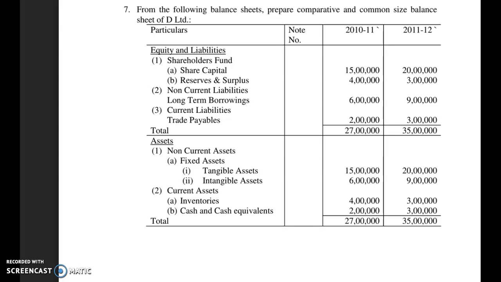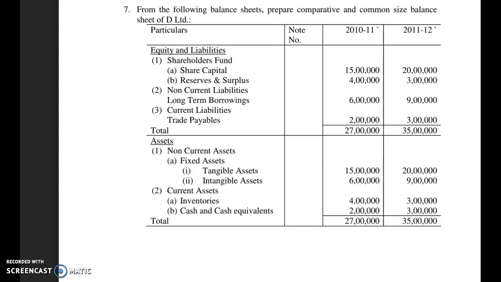Now the question arises, what is the use, significance, importance of comparative statements? It makes the data very simple and easily understandable. On the basis of this, it indicates trends, that last year was this performance and this year this, and probably on the basis of past performance we can forecast the future performance also.